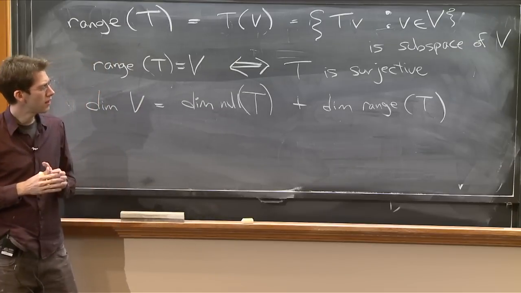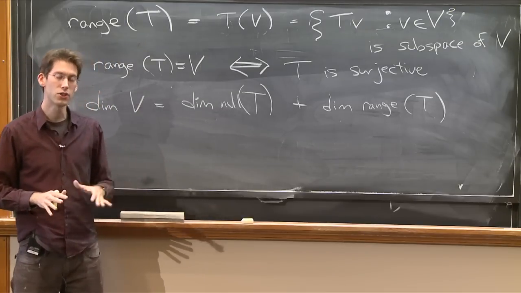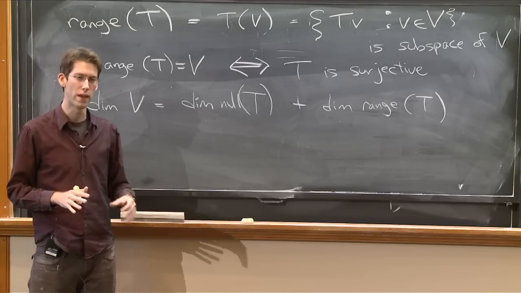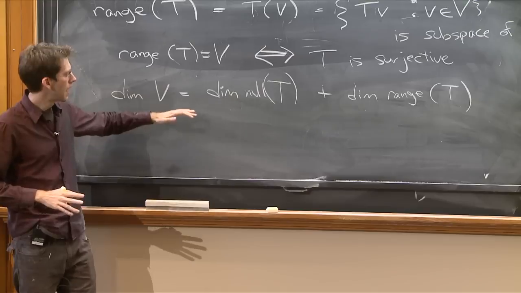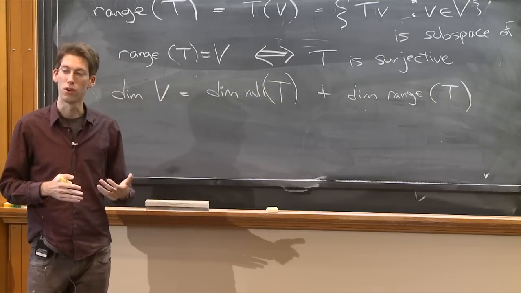And this is actually not trivial to prove, and I'm not going to prove it right now. But I want to tell you the intuition of it is as follows.